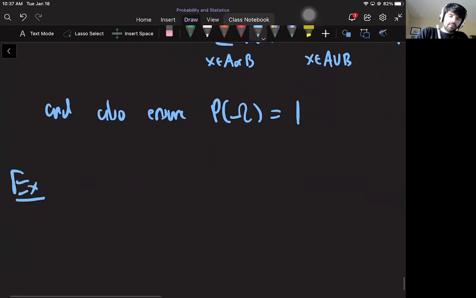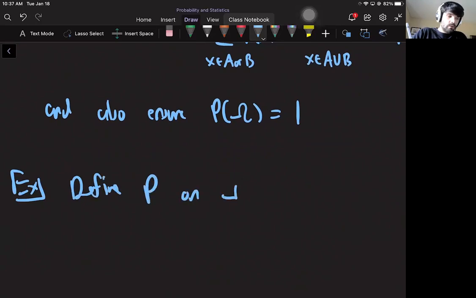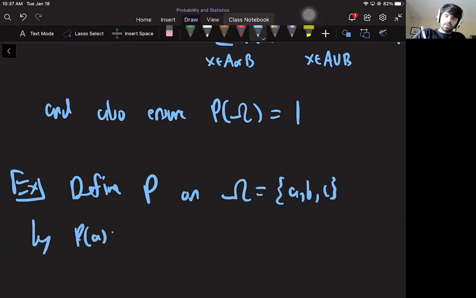Okay, so let's do some more examples. Define P on, let's do a different sigma, I don't know, just have 3 things in it. And I can just say what the outcomes go to.